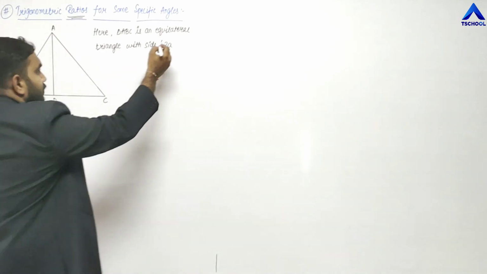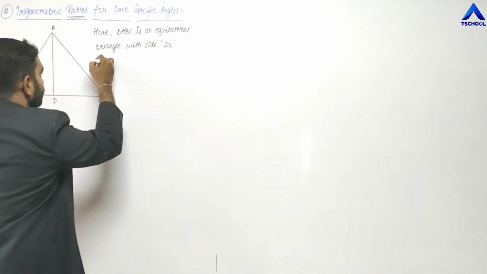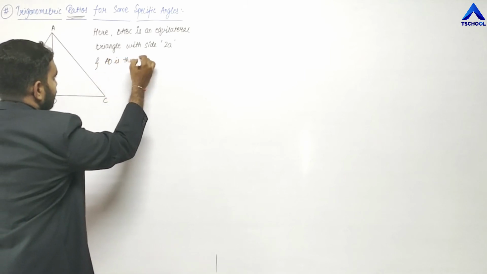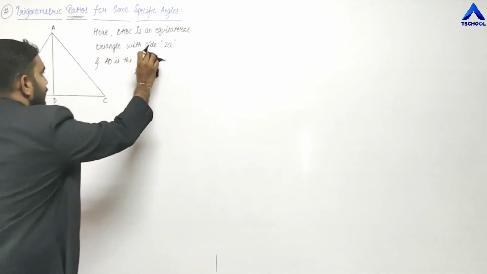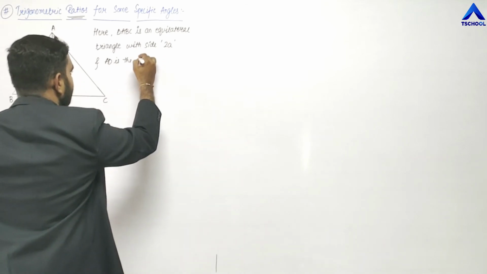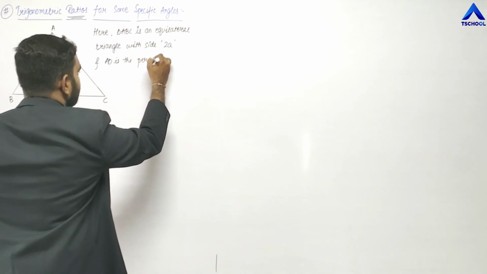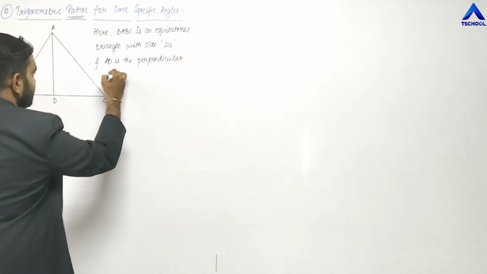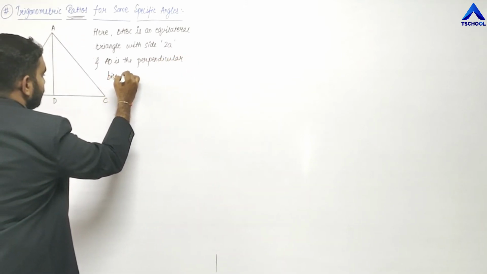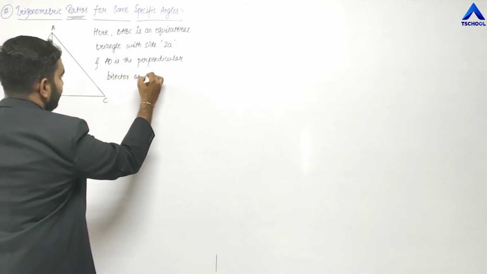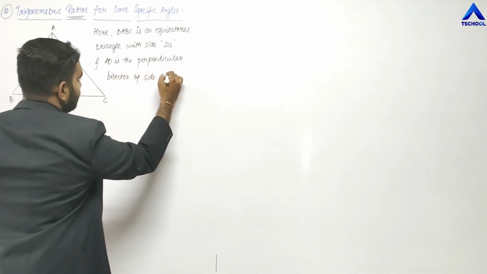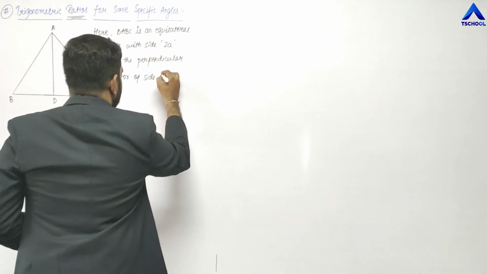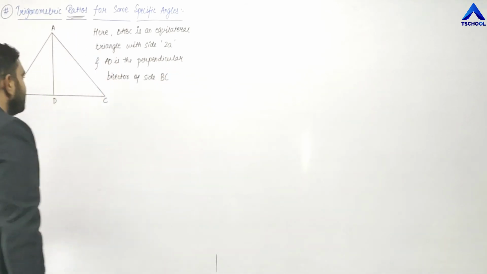And AD is the perpendicular. Let me write down the full form. Perpendicular bisector of side BC. AD is the perpendicular bisector of side BC.